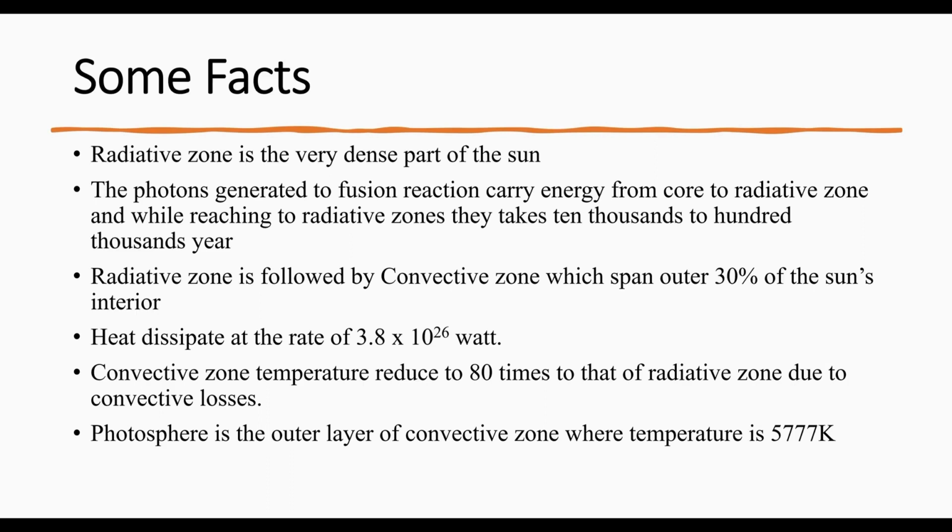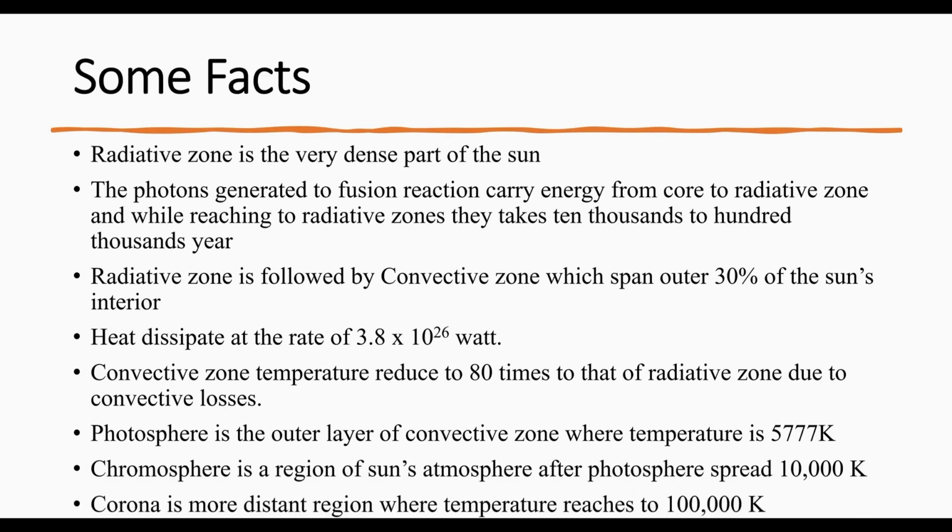This decrease in temperature from core to outer surface of the sun is due to heat dissipation, as already mentioned, which is about 3.8 × 10^26 watts. This lost heat energy is distributed in the entire solar system, including our Earth. The other planets receive this energy depending on their size and distance from the sun.